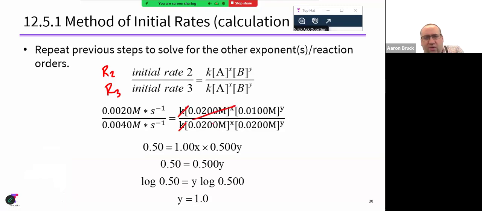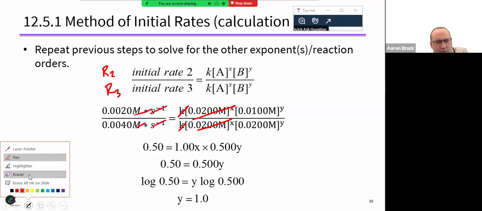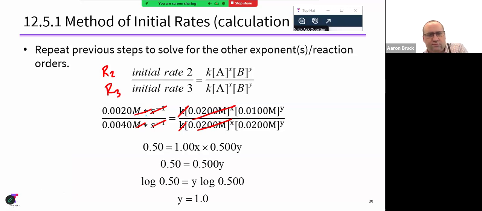Again, K's will cancel out. 0.2 to the x's will cancel out. 0.002 divided by 0.004 is a half.